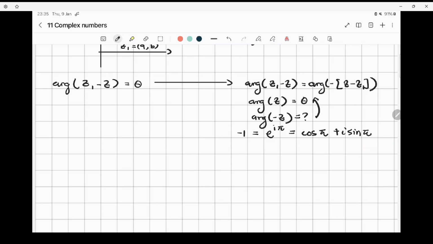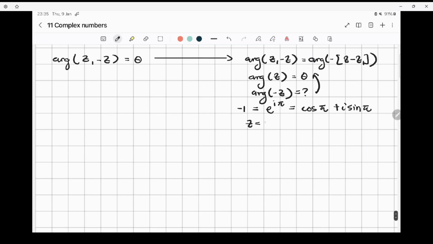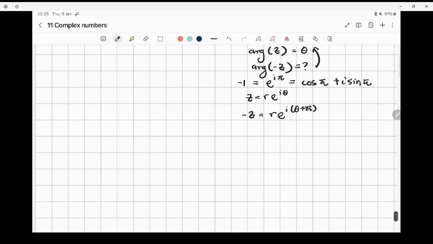So minus 1 basically is e to the power of i pi, and this repeats every 2 pi, for example. So now if you let z equal r e to the i theta, then minus z would be r e to the i (theta plus pi). Of course you can also minus pi, but in this case we can just use plus pi and then figure out the direction.